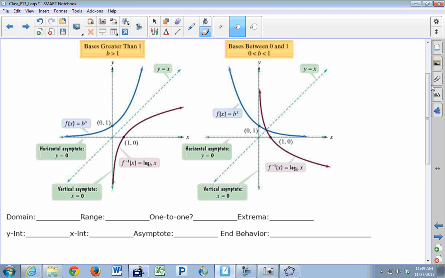So what's the domain? We're looking at the domain of our log function here, log base b of x. So just focus on your red function. Where would you start and where would you end? How would you represent the domain, either in words or in interval notation? What would your domain be?